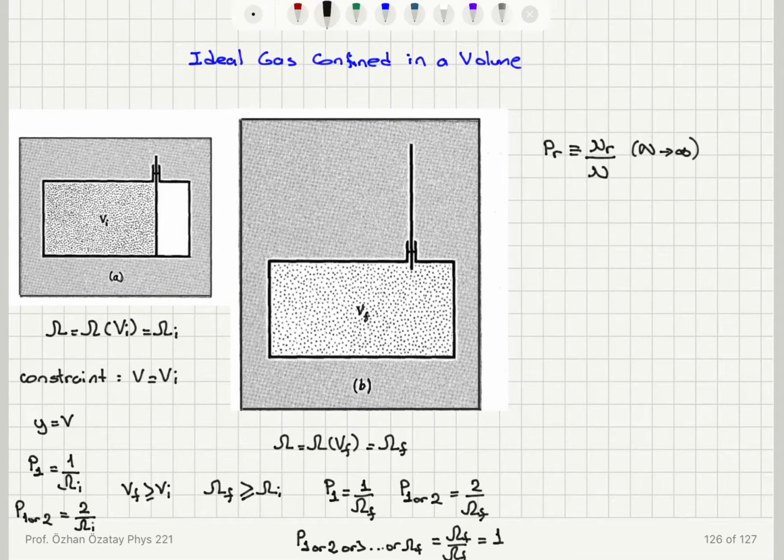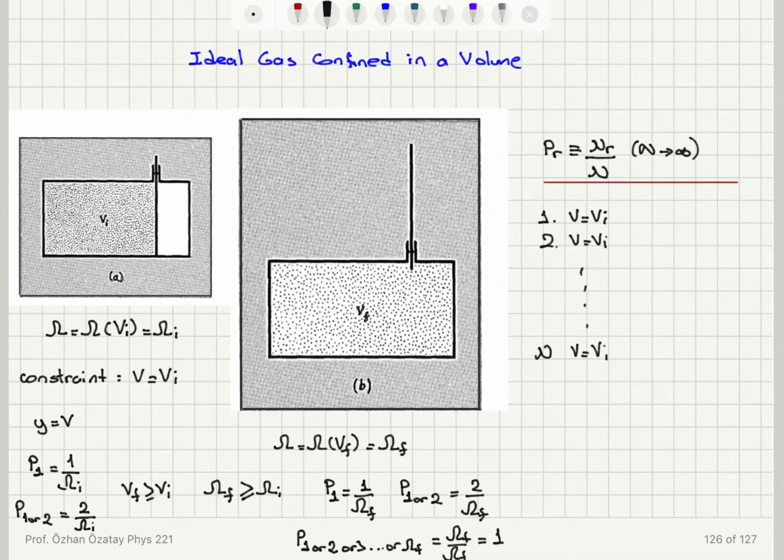So in order to use this definition of probability, we must have the same set of constraints. So for the first system, the volume must be equal to V initial. Second system, volume must be equal to V initial. All the way up to n systems, volume must be V initial.